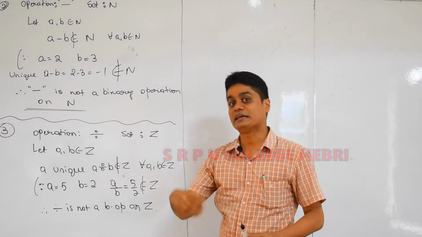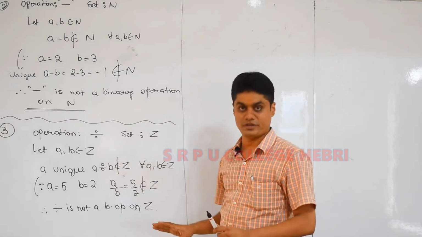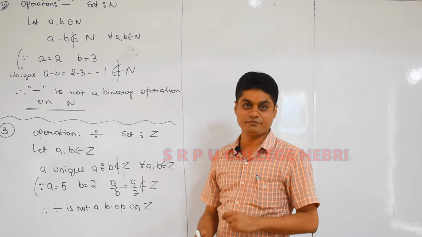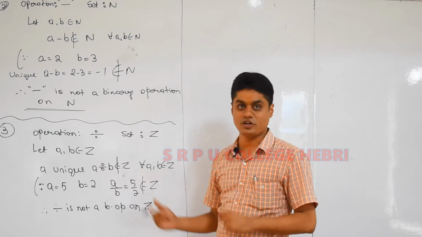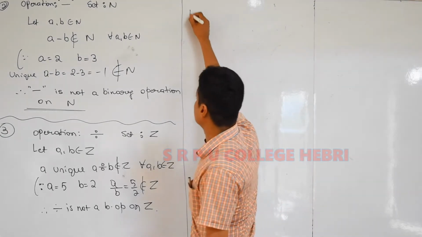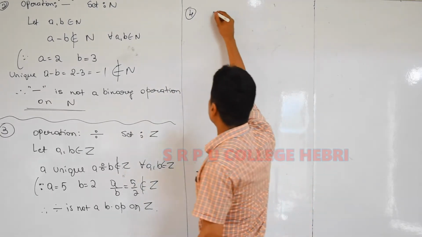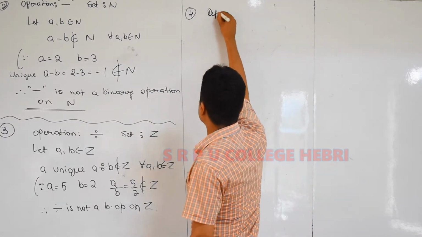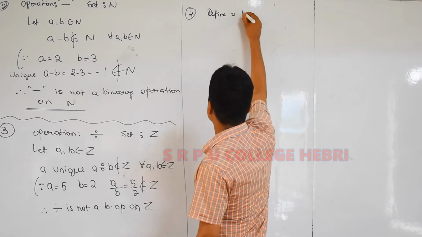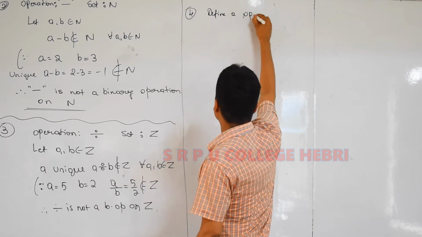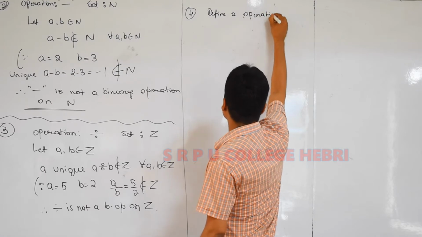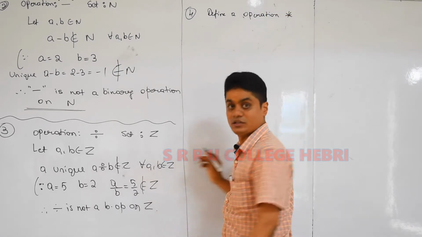Now I will take some other examples other than these operations. You must be able to identify whether it is a binary operation or not for these next types of examples also. So let me take one more example. I'll define one operation, star.